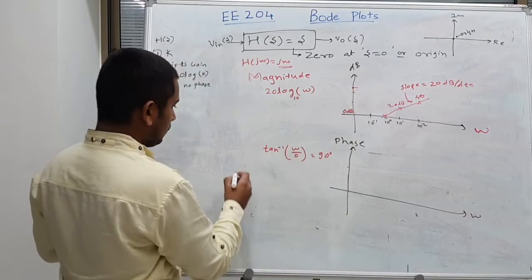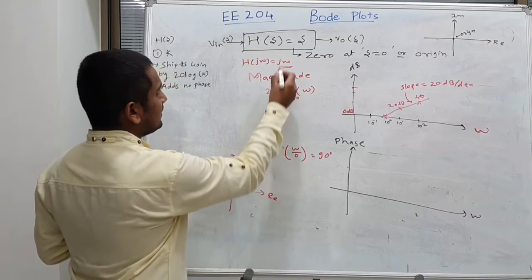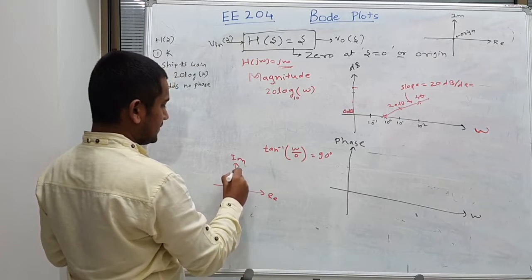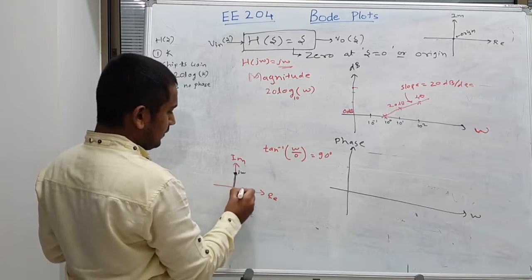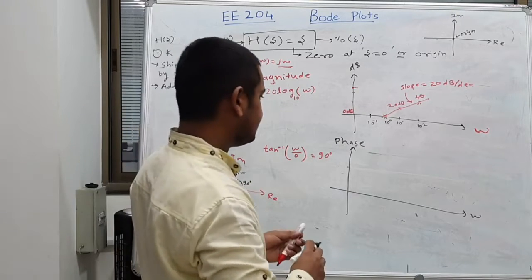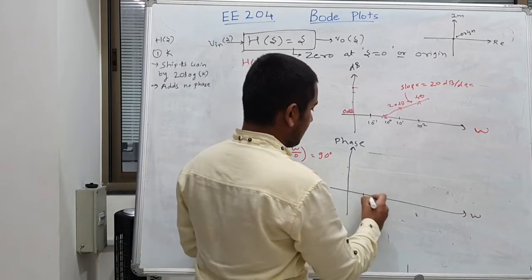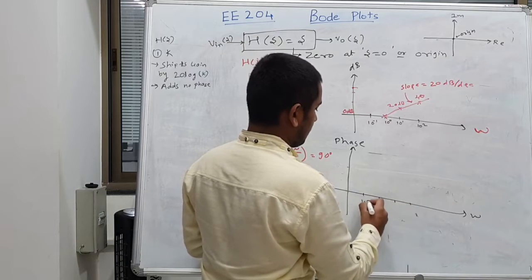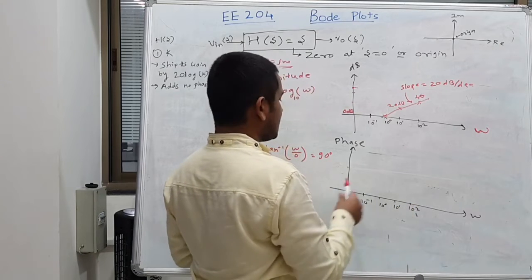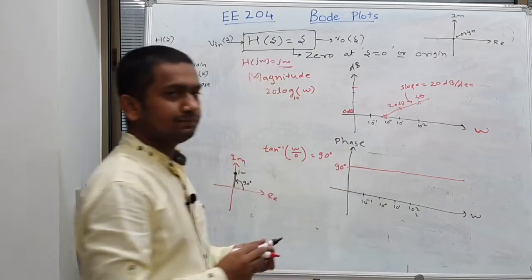We can also draw the complex plane and verify that j omega lies somewhere here on the j omega axis, the imaginary axis, which is making an angle of positive 90 degree with the real axis. It means that irrespective of frequencies, the phase added by a system is 90 degree.